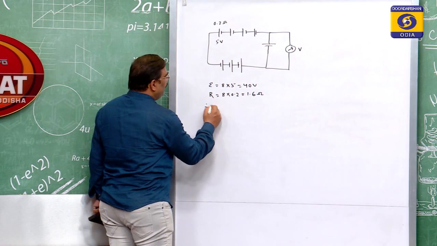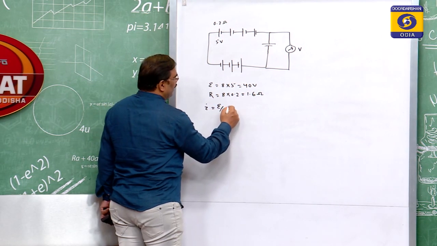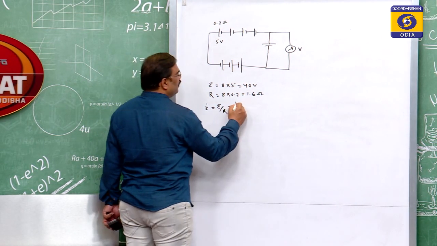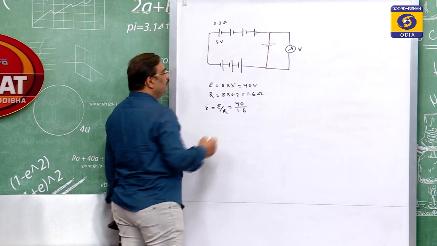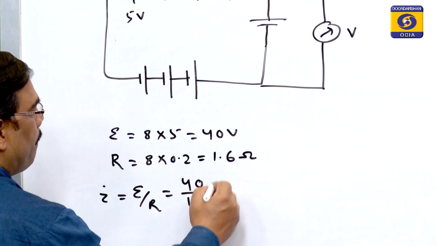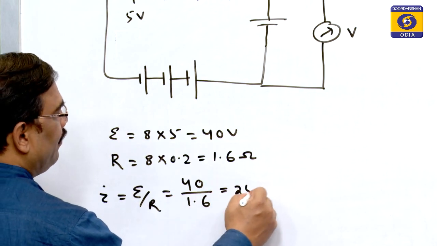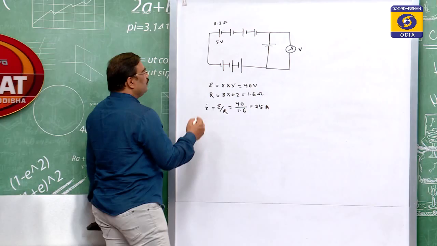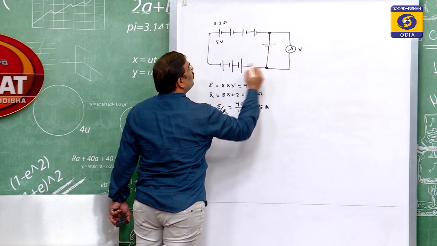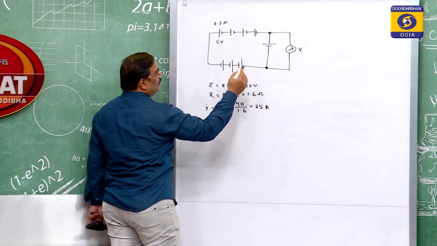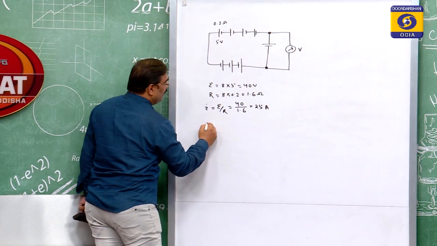So my current I will be equal to E divided by R. So it is 40 divided by 1.6, this will be 25 ampere.